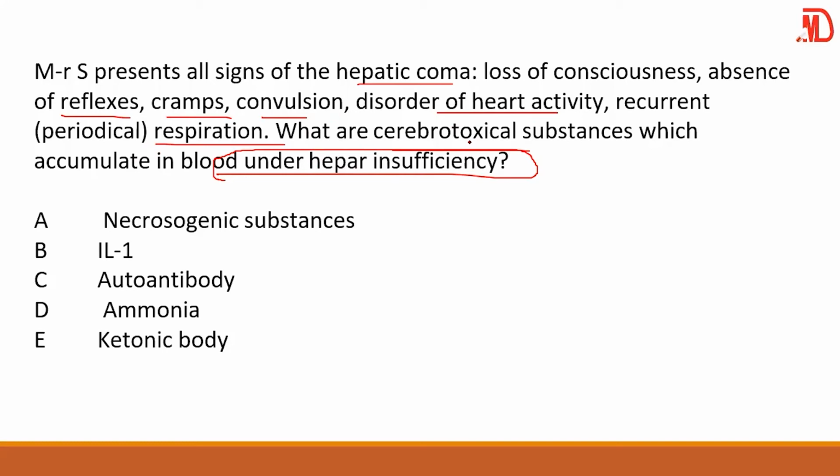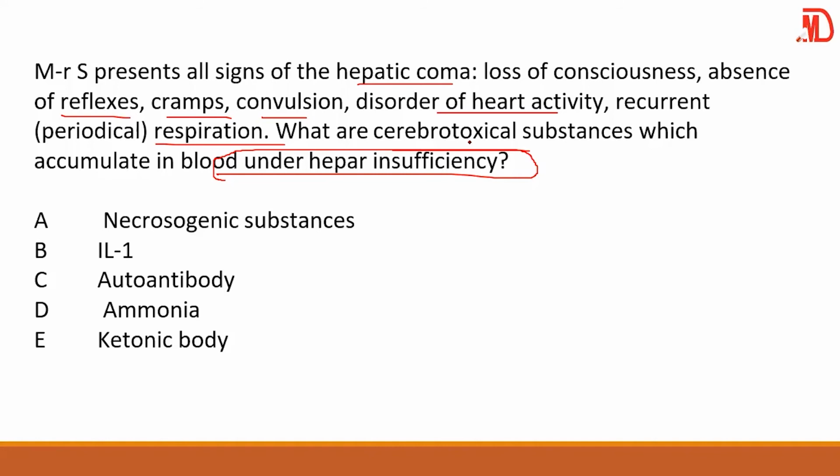What has harmed the brain secondary to a problem with the liver? You and I know that the liver is responsible for a whole lot of detoxification mechanisms in the body. So when the liver is failing, it cannot undergo the detoxification processes.